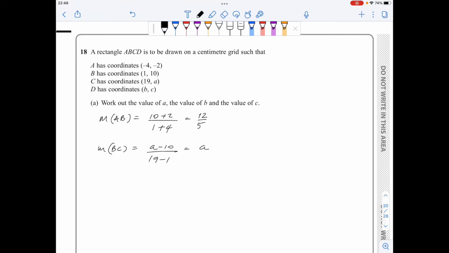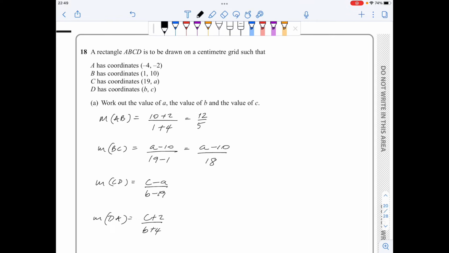This simplifies to A minus 10 over 18. Then gradient of C and D is equal to C minus A over B minus 19. And finally, the gradient of DA is equal to C plus 2 over B plus 4.